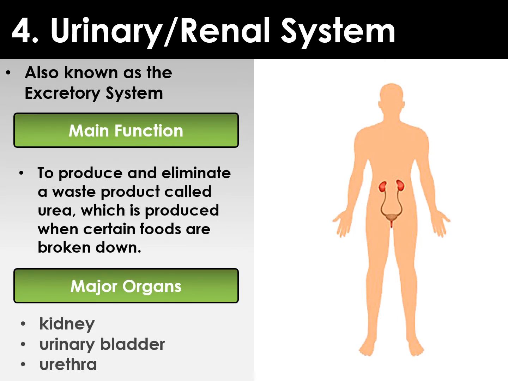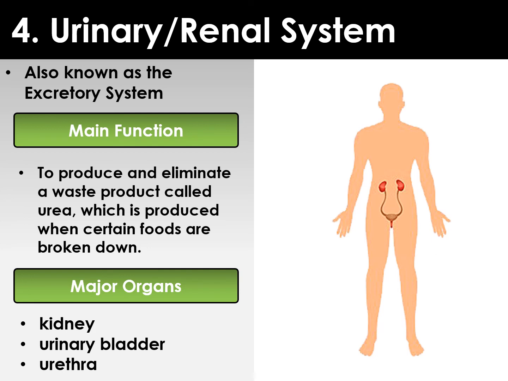The next system is our urinary or renal system. This is also called the excretory system. The main function of this system is to produce and eliminate a waste product called urea. Urea is the main breakdown product when we digest proteins.